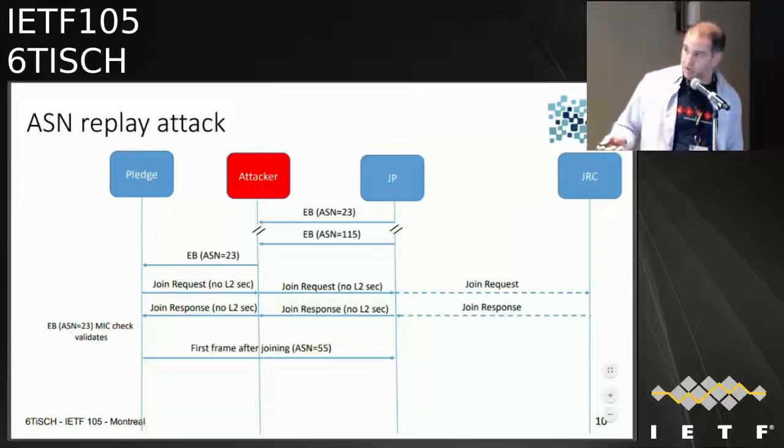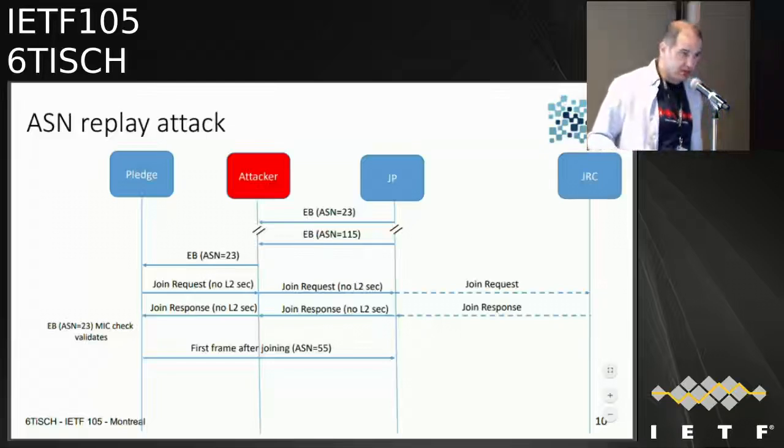It will respond with a join response, with the join response currently not having any layer 2 protection on this leg between the join proxy and the pledge. So until this point, everything is fine. And even here, when the join response is received, we have text in the draft that now states that the enhanced beacon that was used to select the join proxy should be stored in memory and then validated once we have the corresponding key.